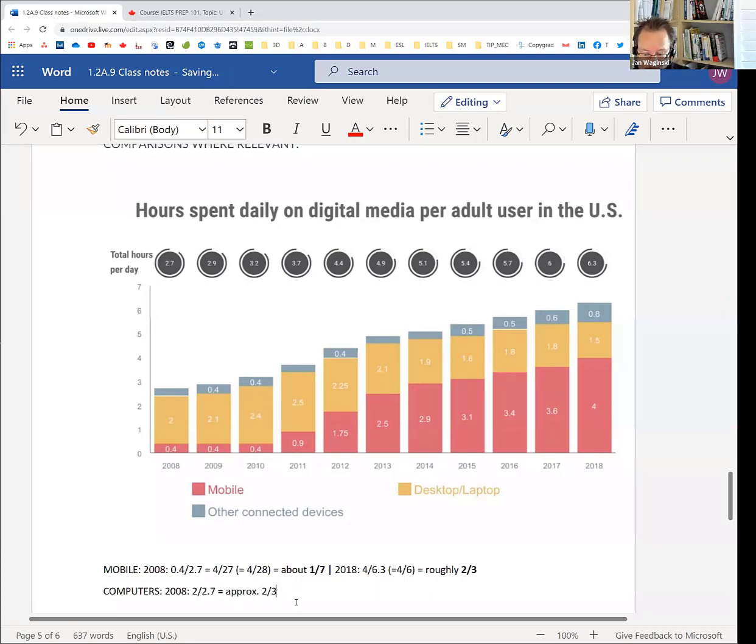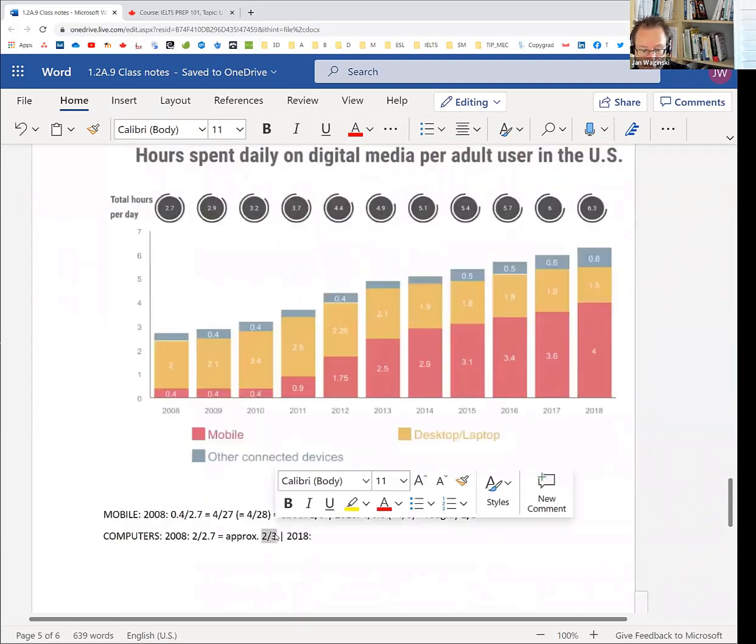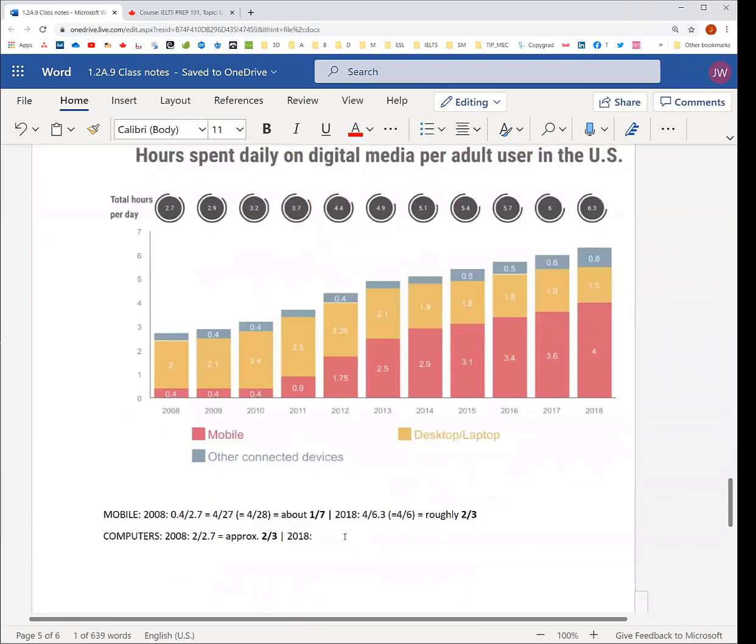Okay. And then how about 2018? That's right. It'd be 4/6.3, right? Sorry, no, we're doing computers. That's going to be 1.5 over 6.3.